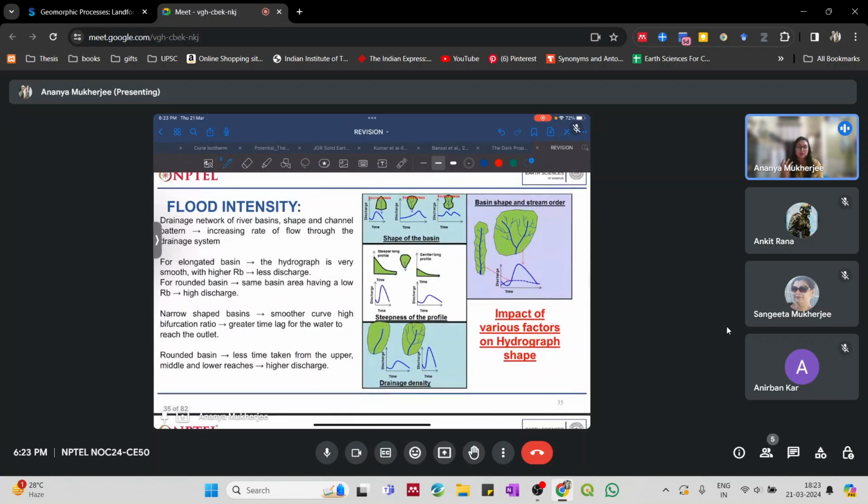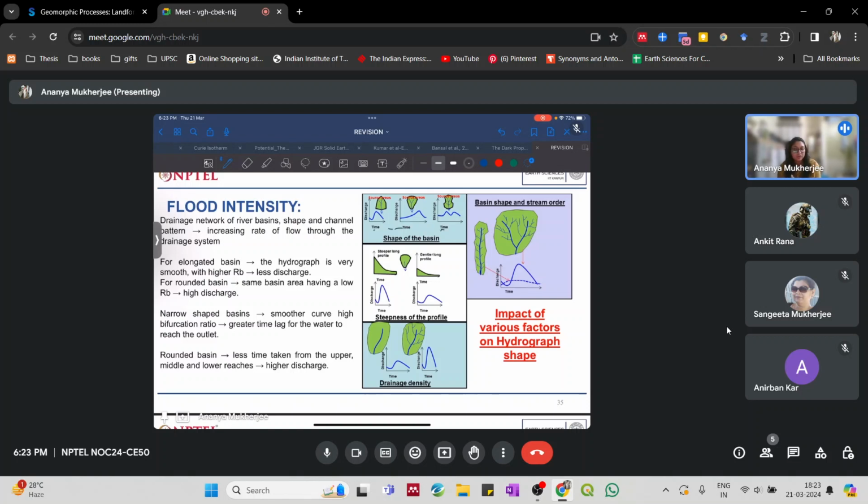And then obviously flood intensity is important for us to know, because rivers are prone to flooding. When the flooding will happen, or at what point of discharge the flooding can happen, we can try to study by studying the shape of the flood hydrographs. So over here you can see the correlation.